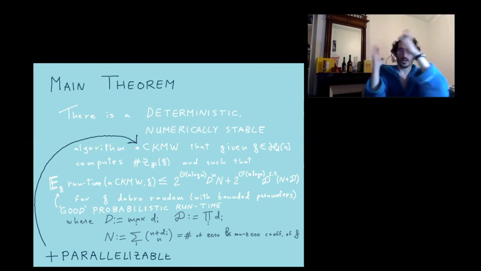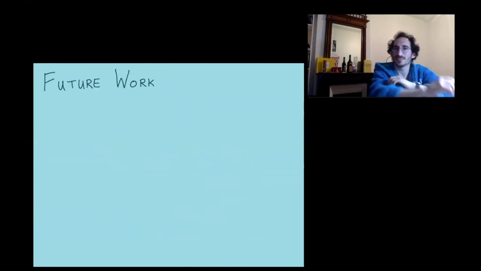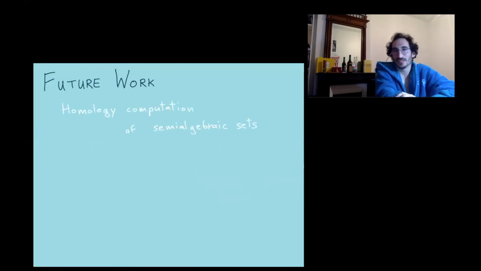So, okay. We have this result, so now let's finally discuss future work. For the future work, I will focus on one project that is the motivation for this, that is the homology computation of semi-algebraic sets. Because as a consequence of the algorithm of Cucker, Krick, Malajovich and Wschebor not working in finite expected time, these other algorithms that I mentioned before for computing homology don't work in finite expected time.